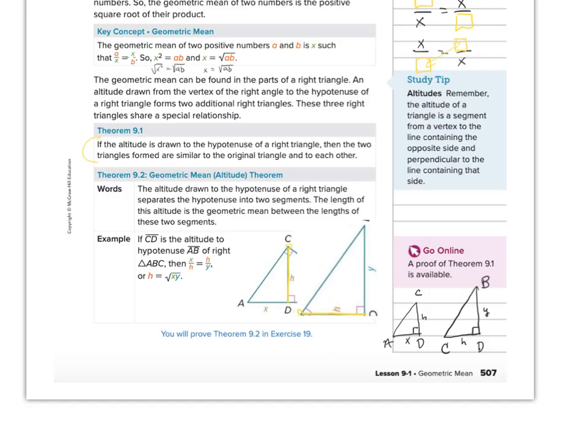So I would have this side over my height equal to this side over the height, the base over the height equal to the base over the height, and that's how they end up with x over h is equal to h over y. That's just using similarity. And of course I did a poor drawing, but it's the same thing: x over h is equal to h over y, because I'm using the cross product property to find similarity between two triangles.